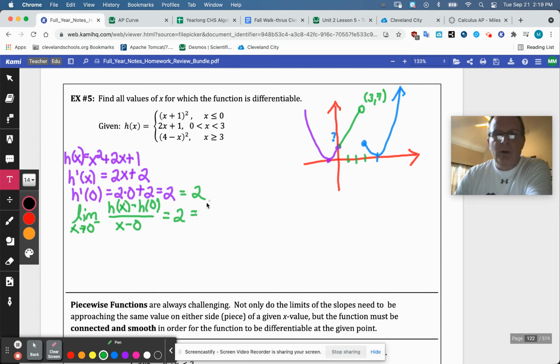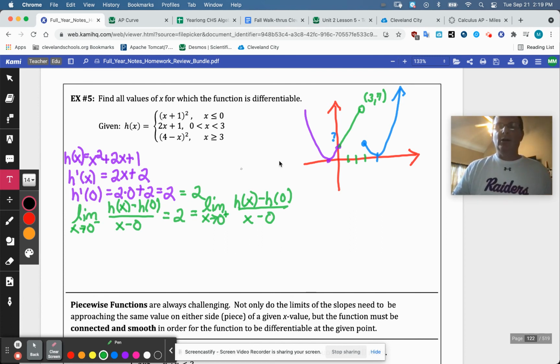And that's equal to the limit as x approaches 0 from the right, which is the green line, of h of x minus h of 0 over x minus 0. They're both 2. And so therefore, this is also continuous and smooth, another way of saying continuous and differentiable. So the only place where it's not differentiable is going to be at 3.